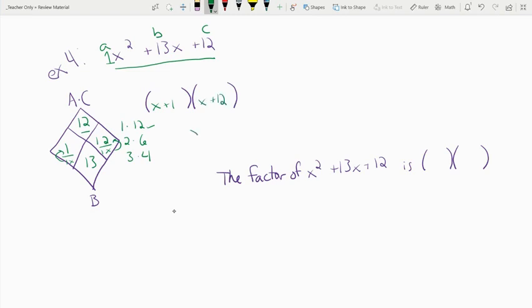Check your work. X squared plus 12x plus 1x plus 12. Collect like terms. X squared plus 13x plus 12. Check. So I can say very confidently that the factor of x squared plus 13x plus 12 is x plus 1 and x plus 12.